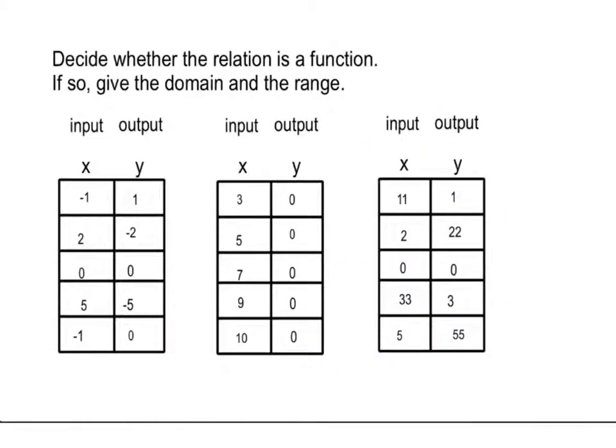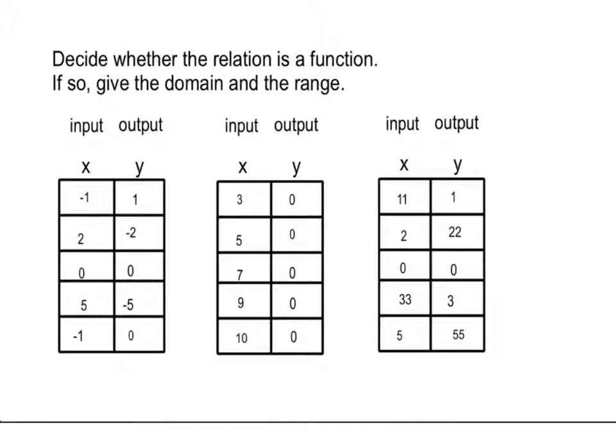In this next slide, we are given some ordered pairs in a table of values, and we need to figure out if they are functions or not. If they are functions, we have to give the domain and the range. So in this first table, again, I'm going to check, do I have any of the same two x values?